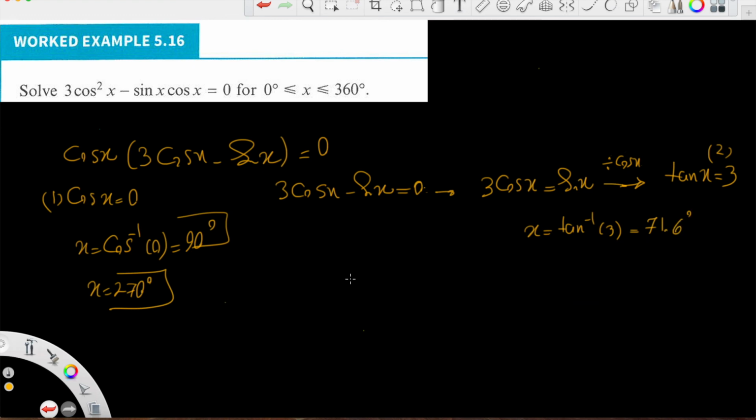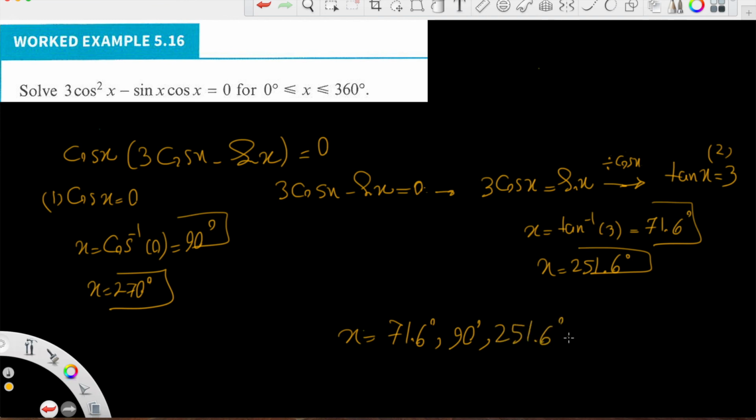Then if you add 180, after doing a complete rotation, the other answer will be 251.6 degrees. So the final answers for these equations in order: 71.6, 90, 251.6, and 270.